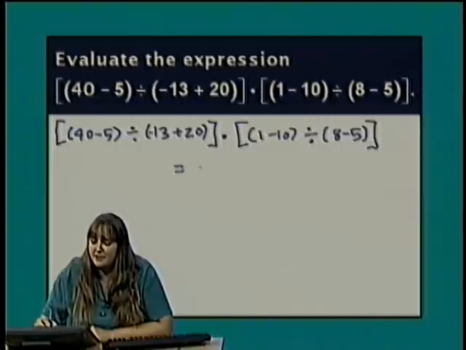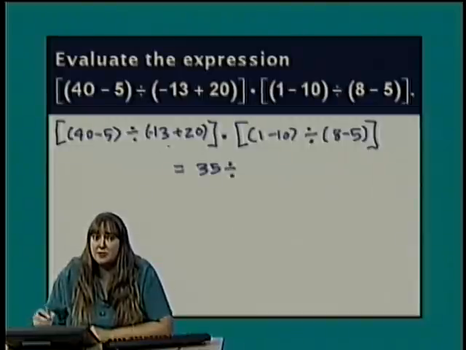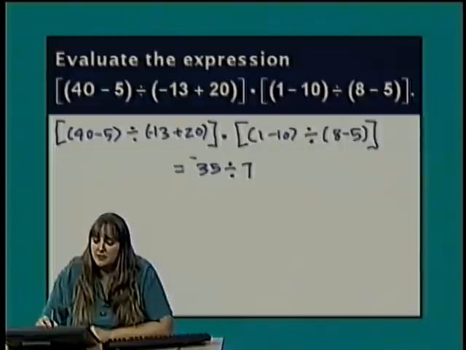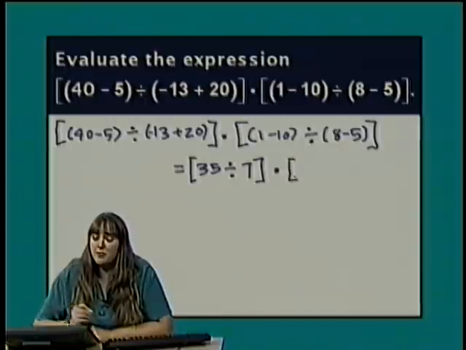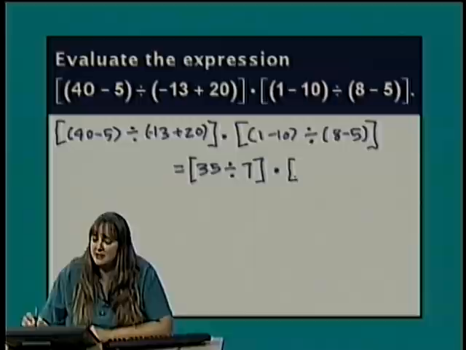40 minus 5 is 35. So I have 35 divided by negative 13 plus 20 is 7. This was inside those square brackets. And then I'm multiplying by, in my square brackets over here, I'm going to work within the parentheses first. 1 minus 10 is negative 9, divided by 8 minus 5 is 3.